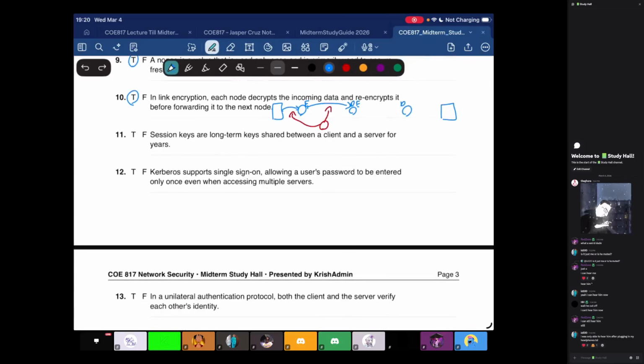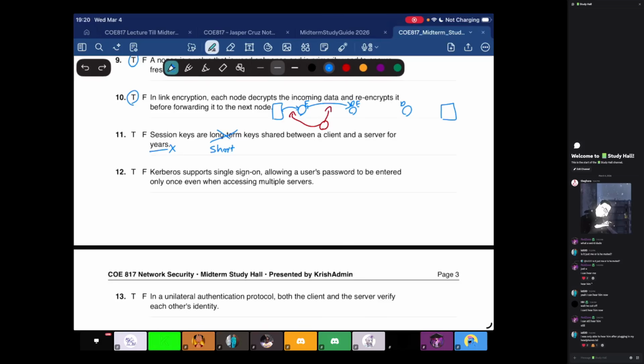Moving on. Question number 11. Session keys are long-term keys shared between a client and server for years. This statement is false. It is not long-term, it's short-term. Basically, let's say you want to grab a bunch of files from a server, for example, then you would get a session key from either a Kerberos method or a KDC, and through that you will communicate with the server until you get the information that you have requested.